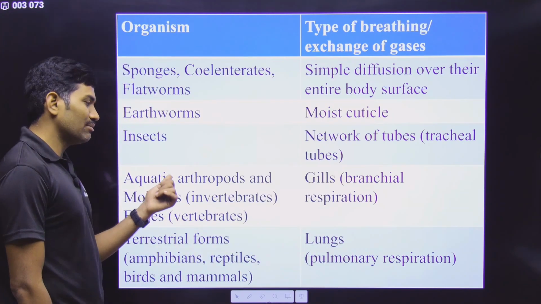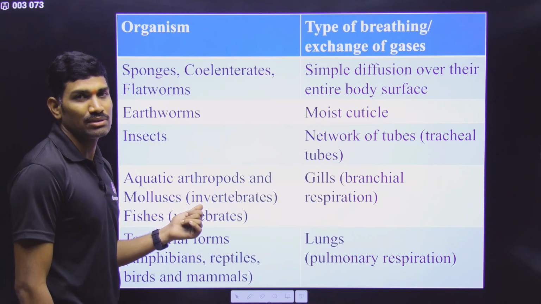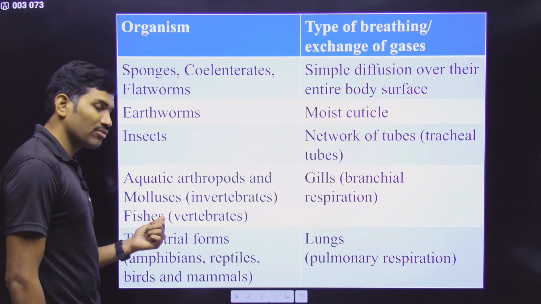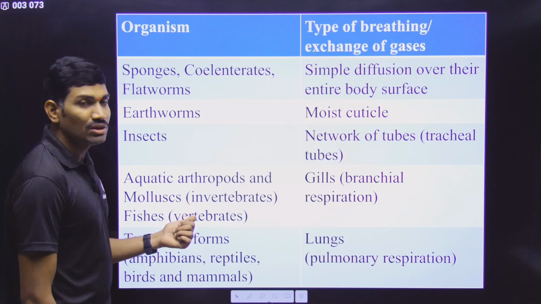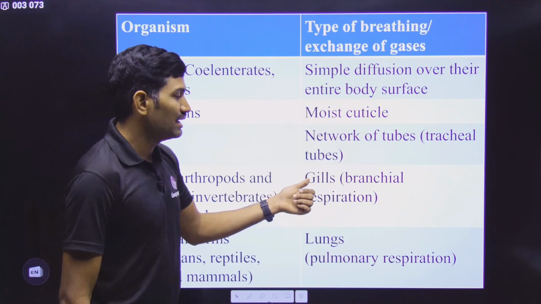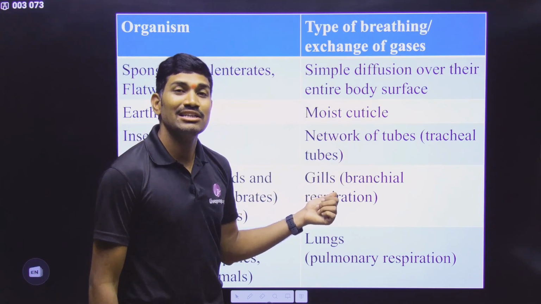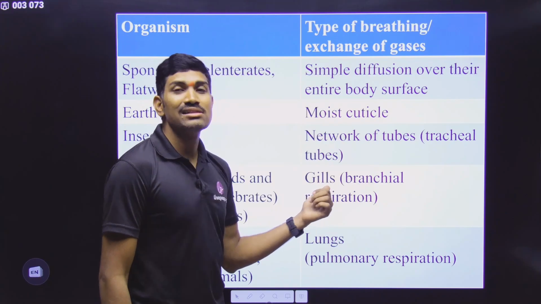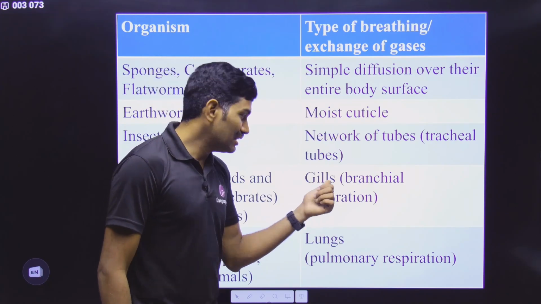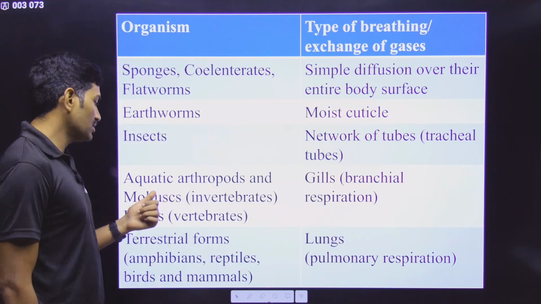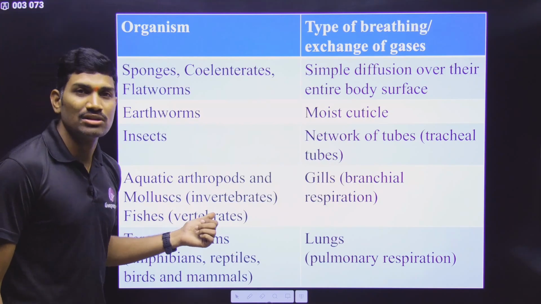But here we are talking about some aquatic organisms as examples. If you are focusing on the fishes, even though they are vertebrates, lungs are not present, and instead of the lungs, gills are present. And you can see the gills even in aquatic arthropods and in aquatic mollusks.